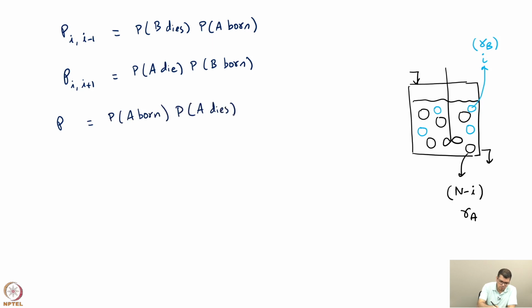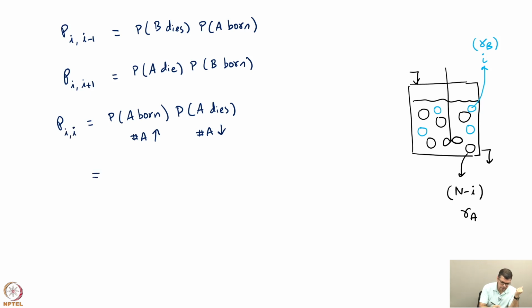In this one, because an A individual is born, the number of A individuals goes up by 1, but then an A individual dies, so the number of A individuals goes down by 1. So the system which started from state I remains at state I. So this is the transition probability of the system remaining at state I: a birth and a death event happened and the system remains at state I.